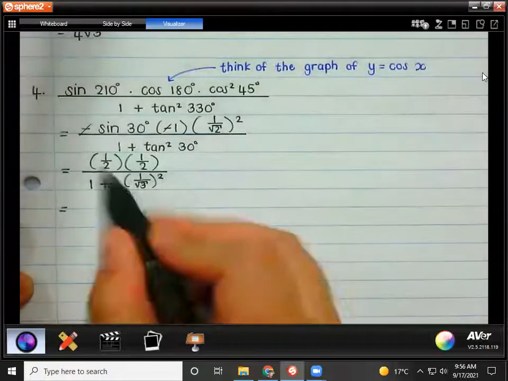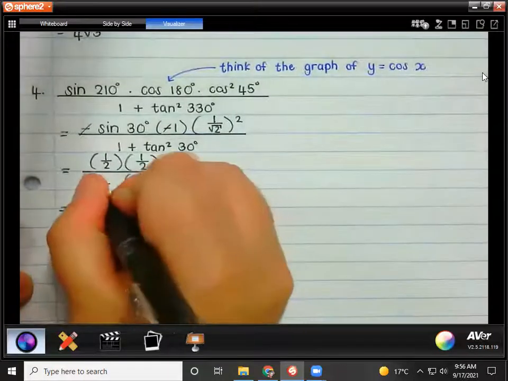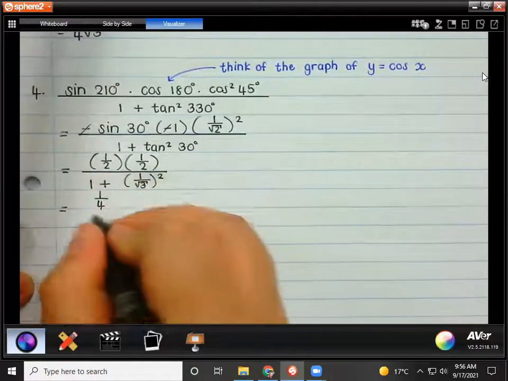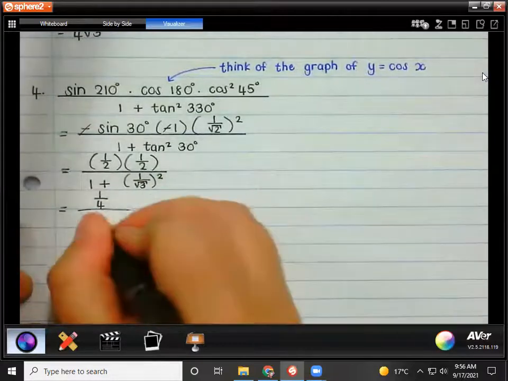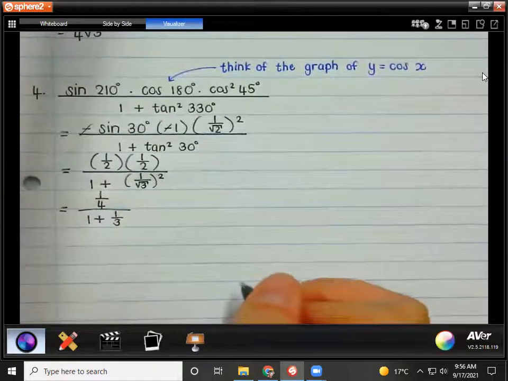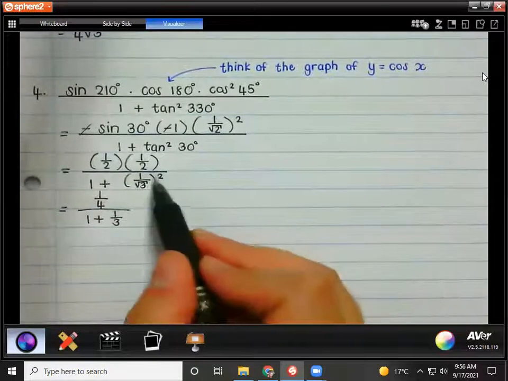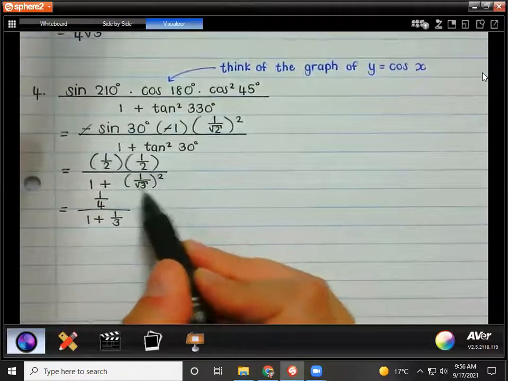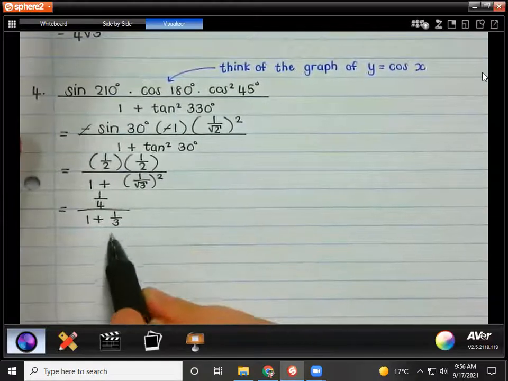Okay, half times a half is a quarter. Hey, that's what we have at the top. At the bottom, we have 1 plus a third. Sorry. Right, because 1 squared is 1 and root 3 squared is 3.